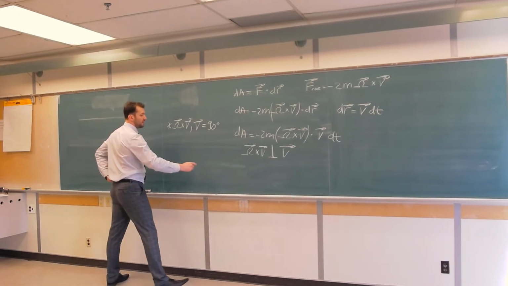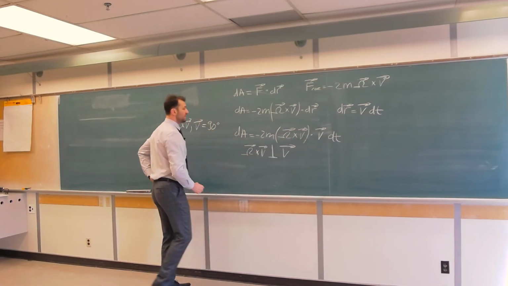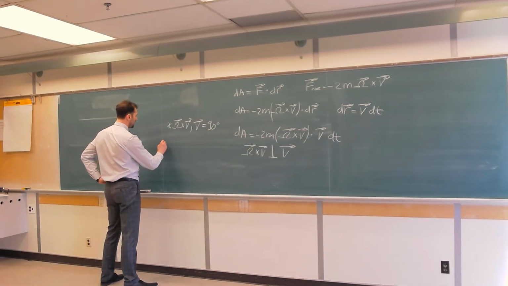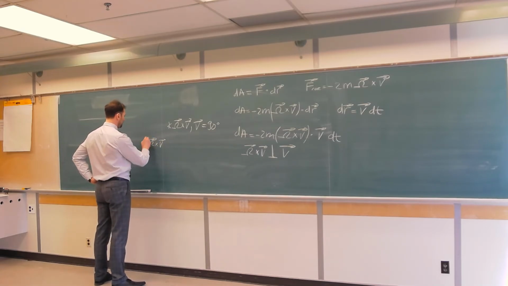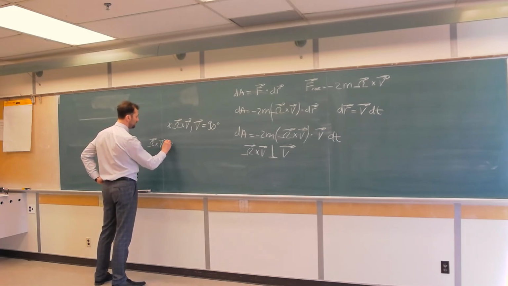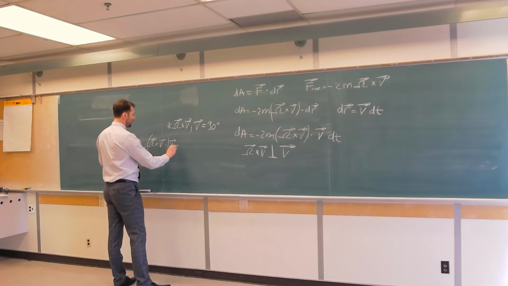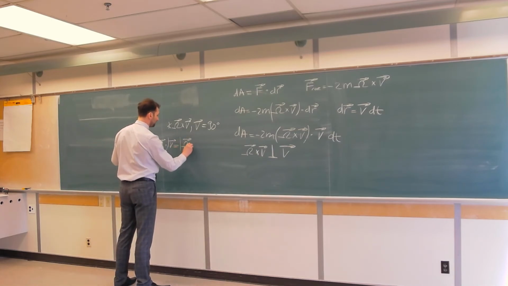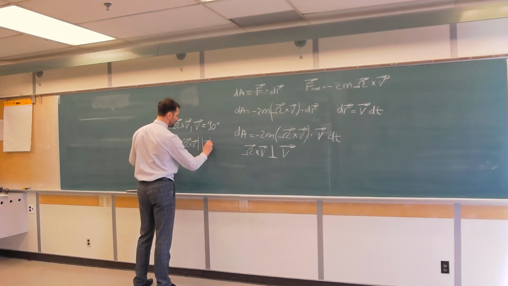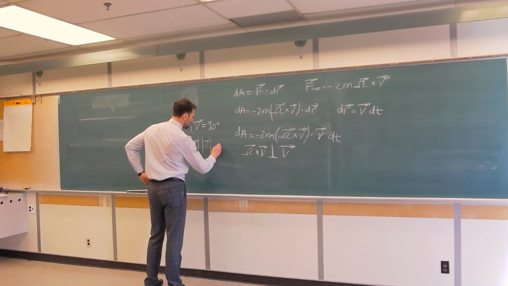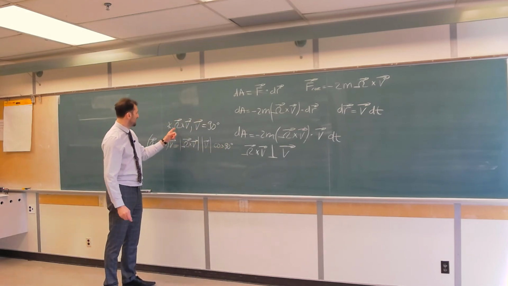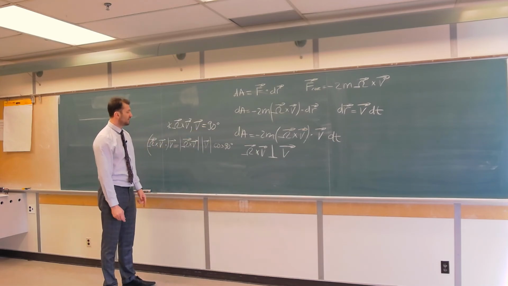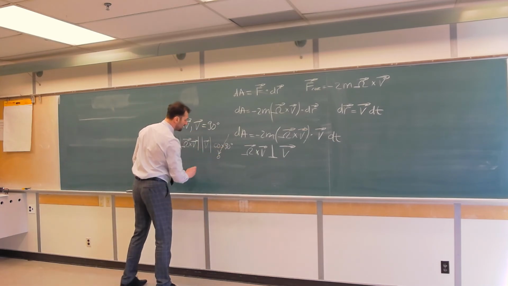So that means if we do actually dot product between these two, I will have omega cross v dot v to be equal intensity of this vector times intensity of this vector times cosine of the angle between these two vectors, and angle is 90 degrees, and cosine of 90 degrees is 0.